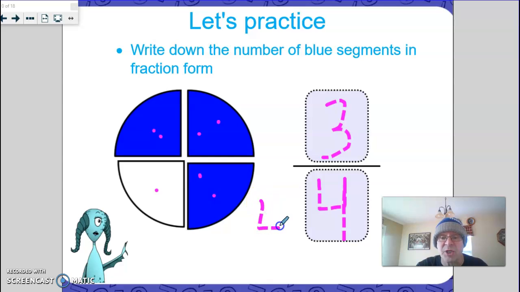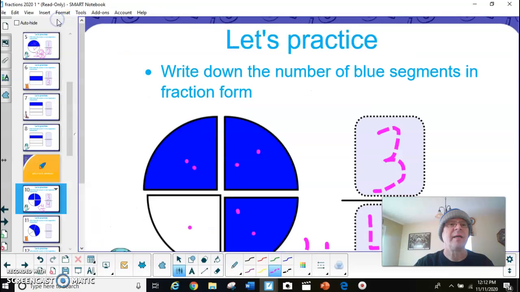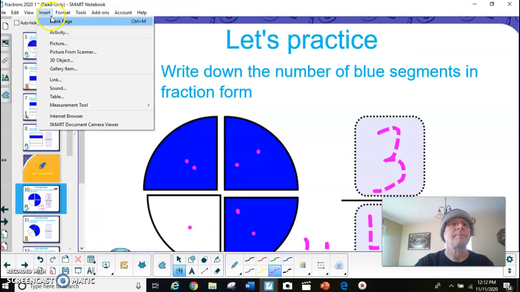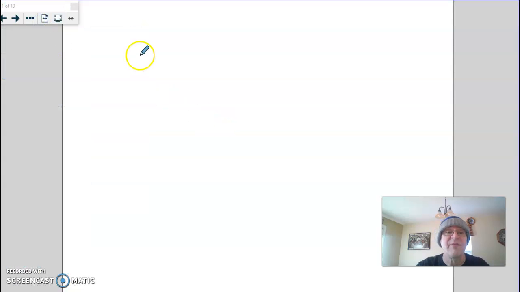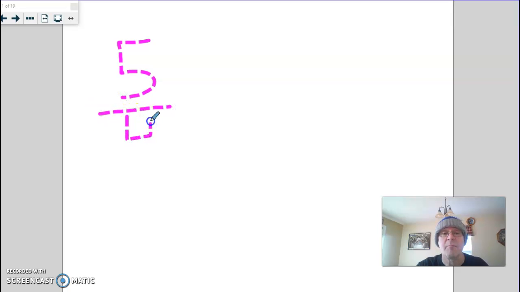If I had this fraction here, 4/4, that would mean we're talking about one whole thing, right? Let's go one step further. Let's say I had this fraction here, 5/4. This is an improper fraction, right? We're just stretching ourselves a little bit here.